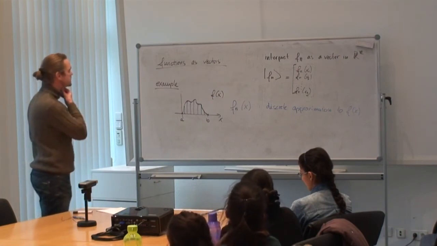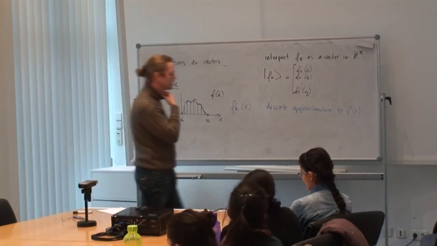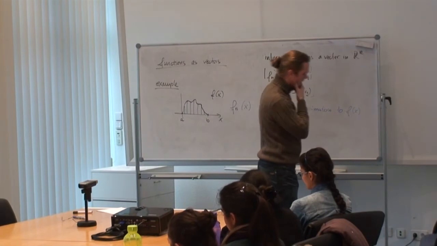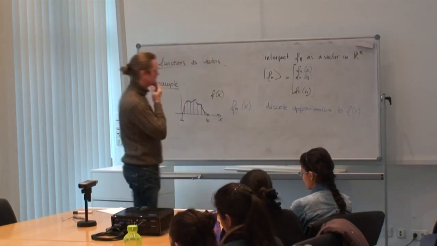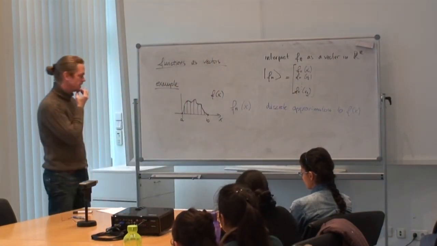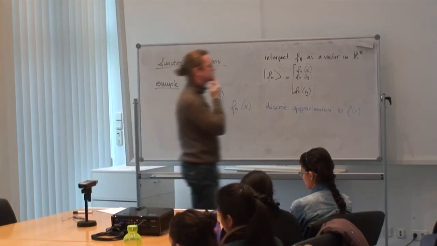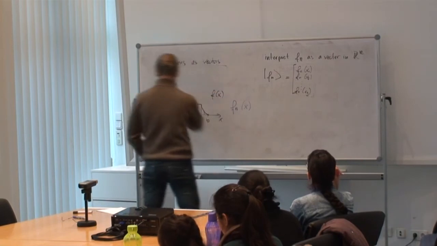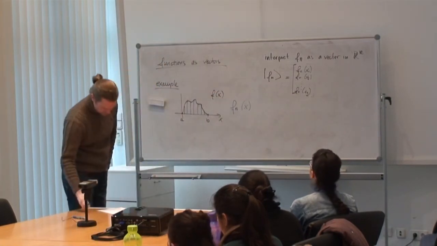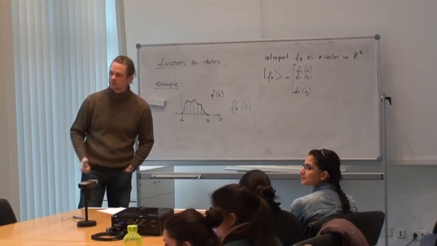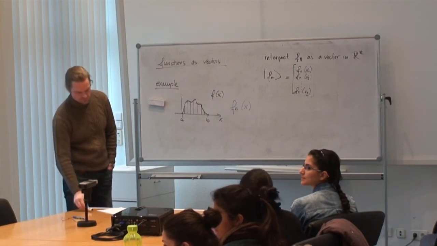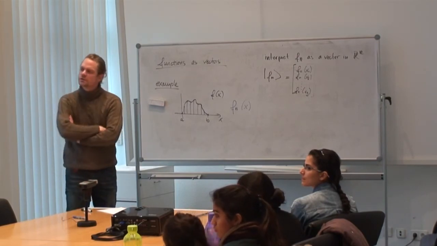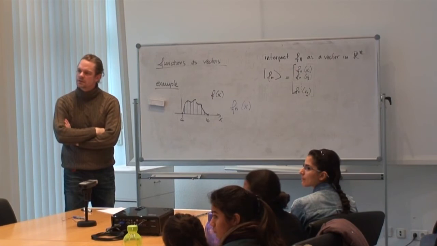Okay, if this is a vector in a vector space, then what are the basis vectors? Excuse me? Yeah. In this encoding, we lose the arguments, right? The domain. Yeah.